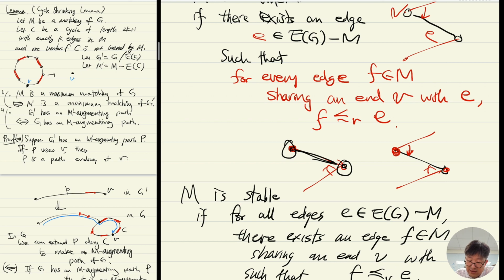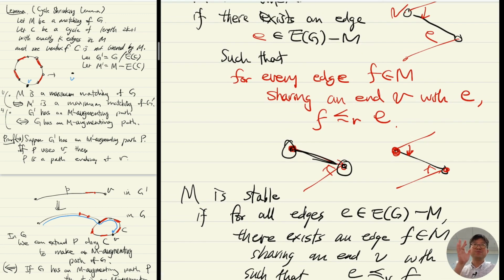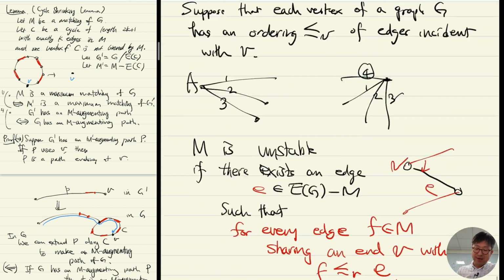Okay, so I should say the other way around. And I'm assuming that this ordering is a full order, so you don't have ties. Total order, yeah, so you don't have ties. All right, so that's the definition of stable matching.